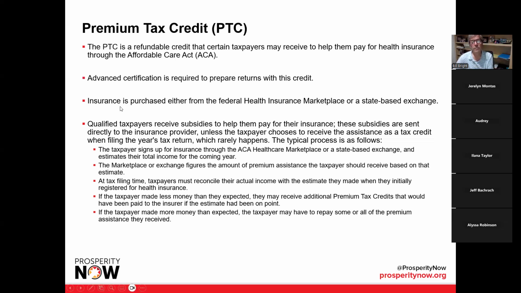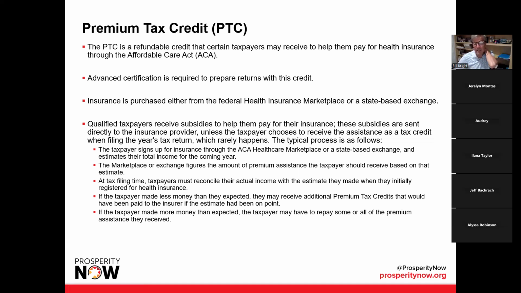The insurance is purchased through either the insurance marketplace, healthcare.gov, or if you go to healthcare.gov and indicate you're from New Jersey, it's going to redirect you to NJ Cares to buy it on the state exchange. The way that works is right now, this time of the year, people are arranging to pay to get insurance for 2025.